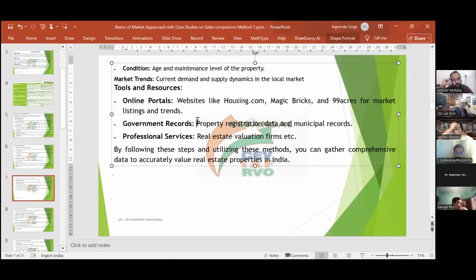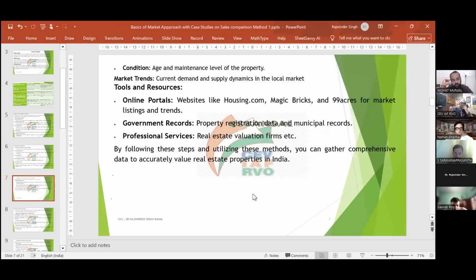And then government records, property registration data, and municipal records. Then professional services like real estate valuation firms, real estate agents, etc. You can contact them. By following these steps and utilizing these methods, you can gather comprehensive data to accurately value real estate properties in India.